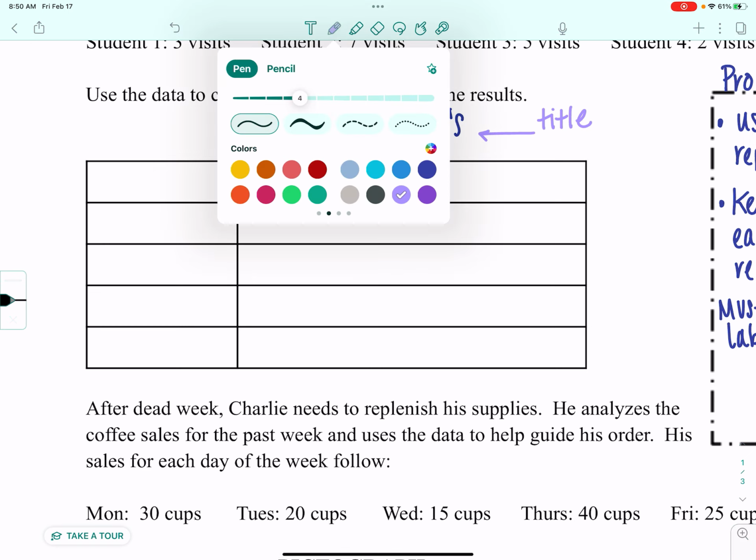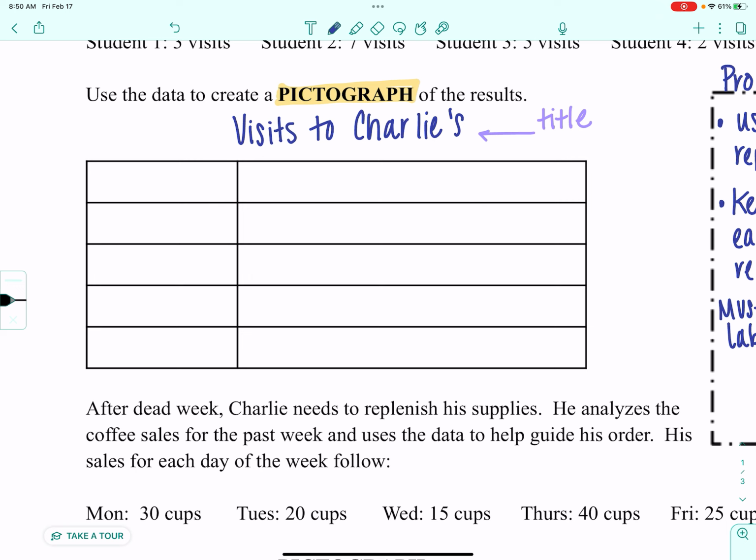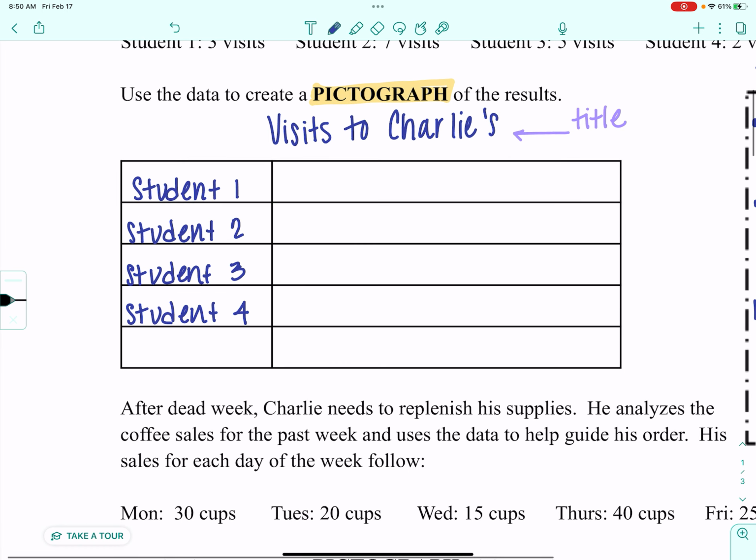Then in that first column, we're going to label our data. So this is going to be student 1, and then student 2, and student 3, student 4, and I've got 1 extra. These are our labels.